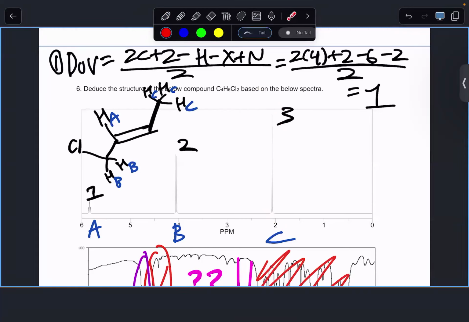So let's count what atoms we used. We used up 1, 2, 3, 4 carbons, so we can't add any more carbons. We used up 1, 2, 3, 4, 5, 6 hydrogens. We can't use up any more hydrogens. We used up 1 chlorine. We are missing 1 more chlorine, where we could put that 1 more chlorine right there.